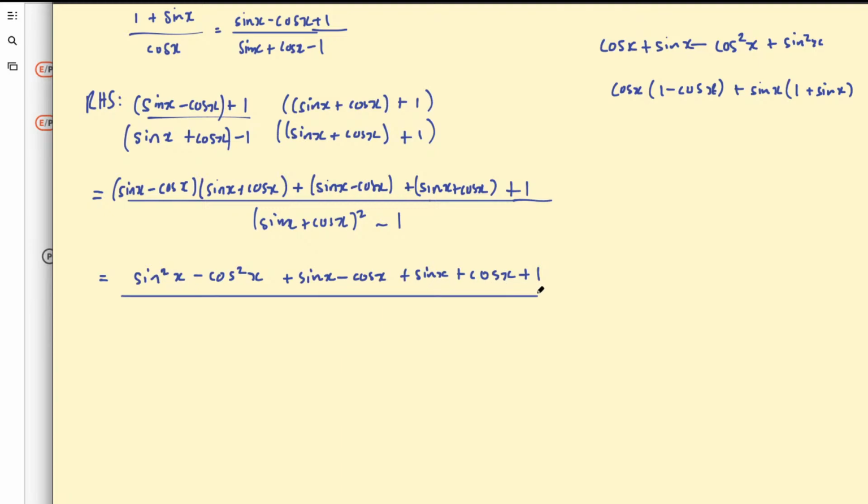Oh boy. Over sine squared x plus 2 sine x cosine x plus cosine squared x, take 1. I need to use some kind of identity here, I think.